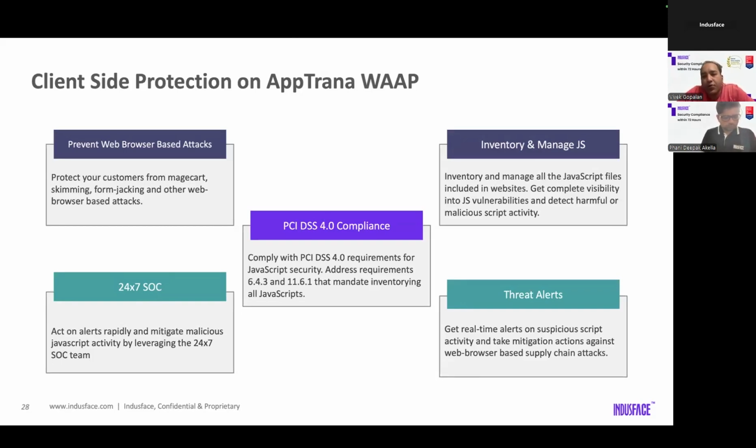You can then monitor that inventory, get an approval done after discussing with your applications team, and then approve it. From there onwards, the Aptrana protection kicks in. We will constantly monitor any of your end users as they load your application at the client level, at the browser level. And if there are any changes in the scripts, an automatic alert will come, and the protection for it will immediately start.